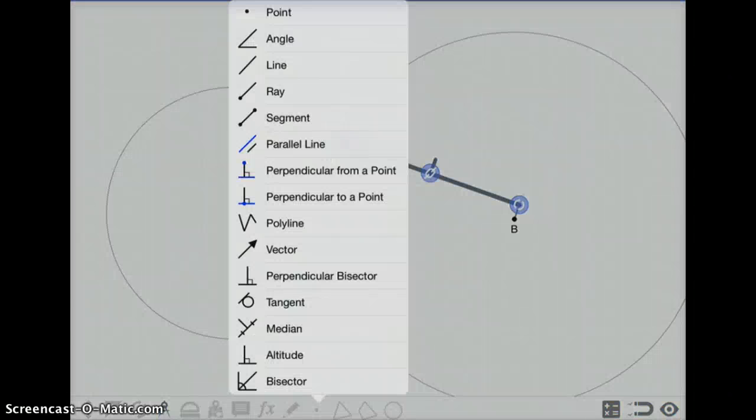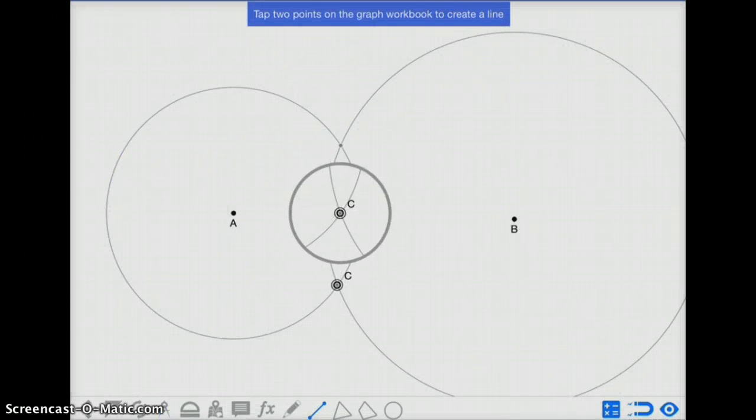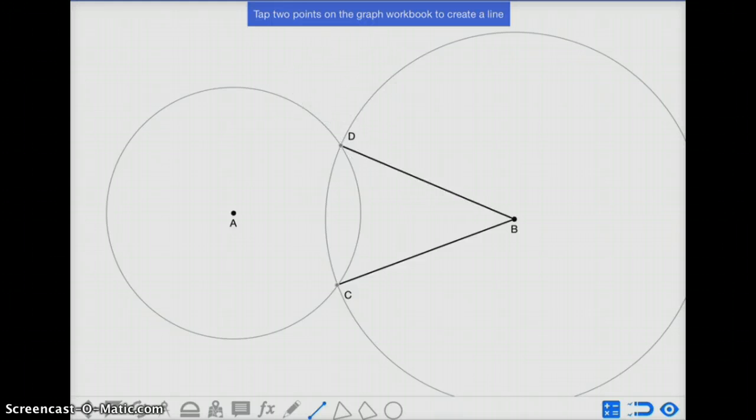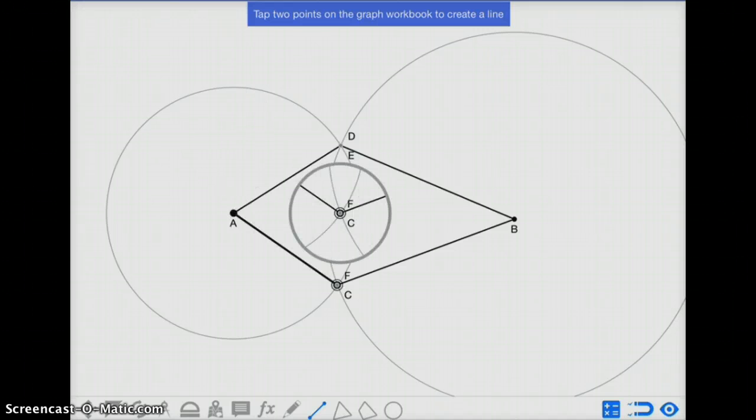If I then connect those contact points to those centers, it will allow me to create a shape that has two sets of adjacent side lengths. A shape with two sets of adjacent congruent sides is a kite. So this is producing a kite by the overlapping of two circles.